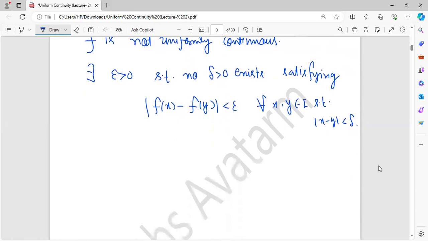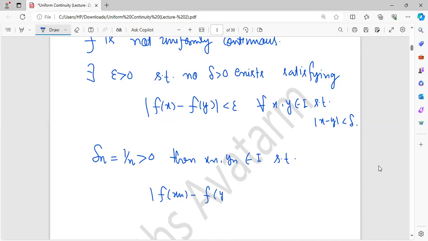if I take my delta_n equal to 1 by n greater than 0, then there exist two points xn and yn belonging to I such that |f(xn) minus f(yn)| is greater than or equal to epsilon, where |xn minus yn| is less than 1 upon n.